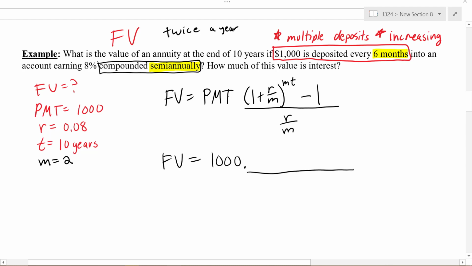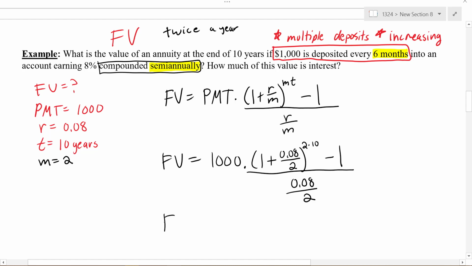We're going to multiply that times 1 plus our r value, 0.08, divided by 2, and we're going to raise that to the power of 2 times our t value, which is 10. Then we're going to subtract 1. We're going to divide that by the 0.08 divided by 2.